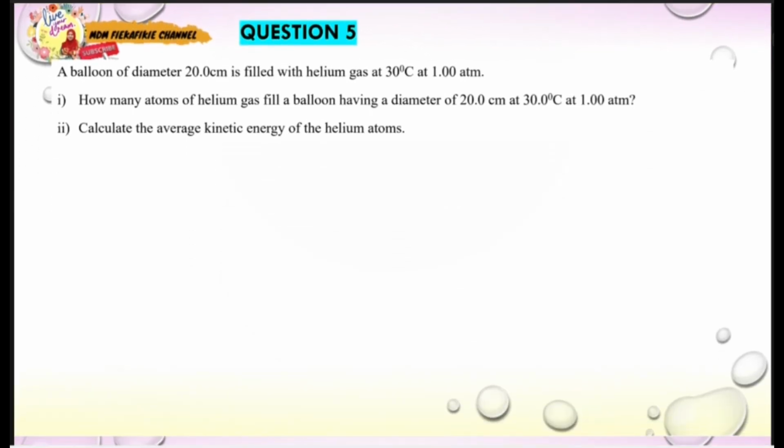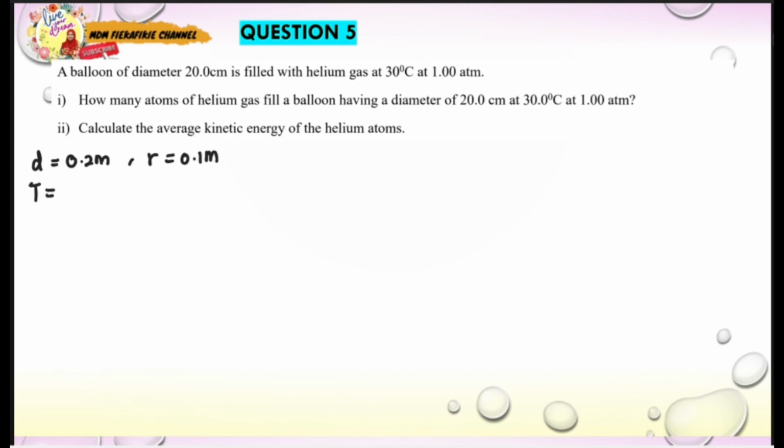So, let's proceed to question number 5. Alright, so now let's read the question. A balloon of diameter 20 centimeter. Okay, so saya akan tulis dekat sini. Diameter dia adalah 0.2 meter. So the radius should be 0.1 meter.